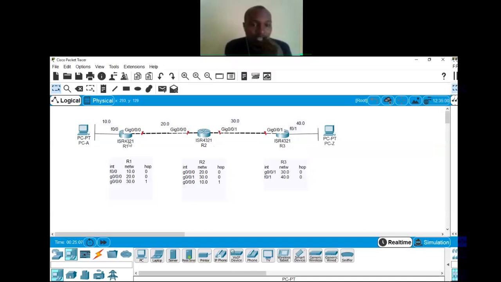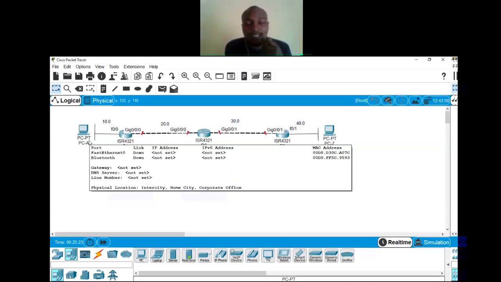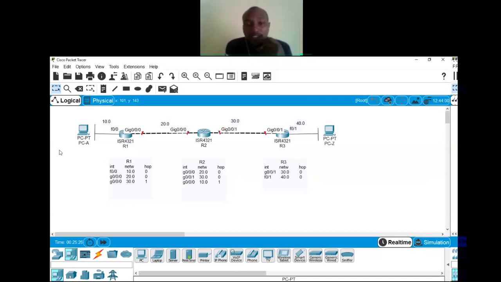R1 checks. This data is coming from 20 and it's going to 10. Do we know about 10? Yes. 10 is directly connected to F0/0. So it takes the data to F0/0. The data slides to the intended destination, which is PCA. And the ping is now officially successful.